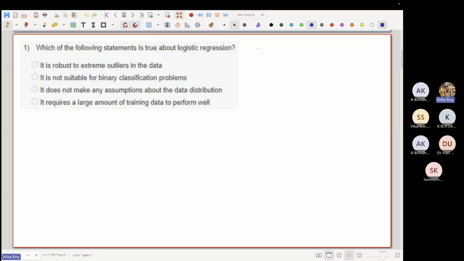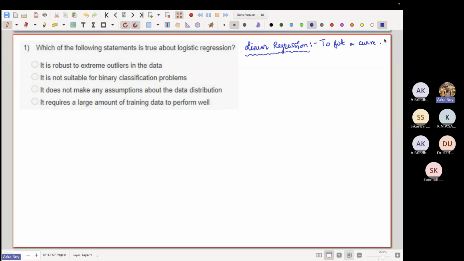For example, in linear regression, the main aim is to fit a curve, specifically a line in linear regression.